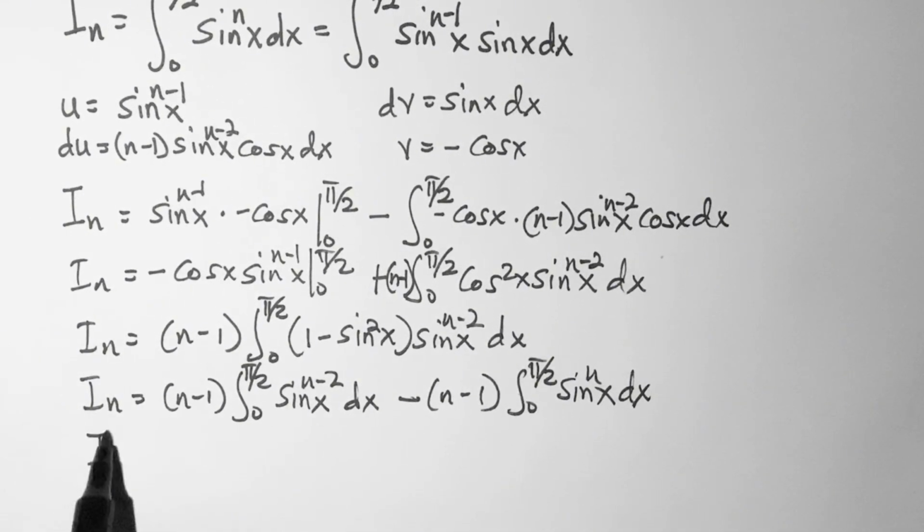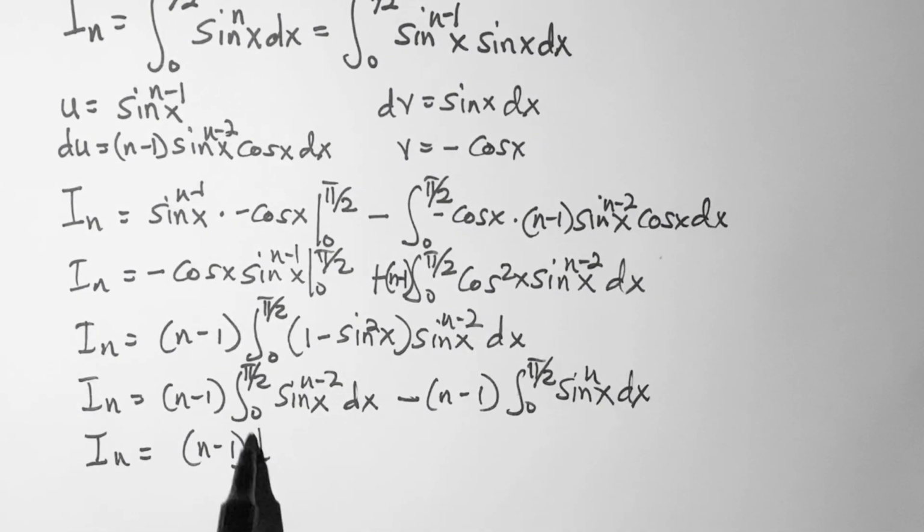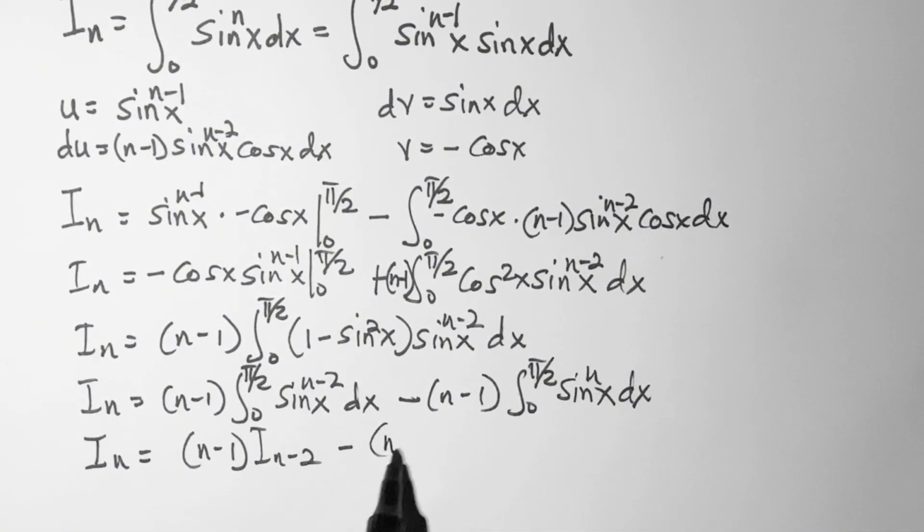So you see that I of n is equal to n minus 1 times, all of this becomes I of n minus 2, then minus n minus 1 times, all of this becomes I of n.